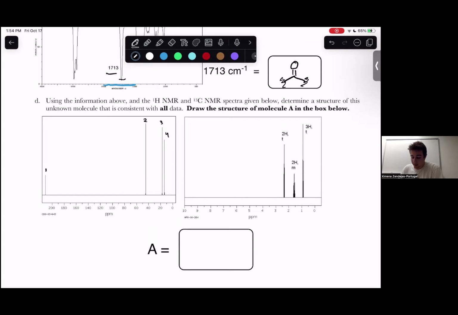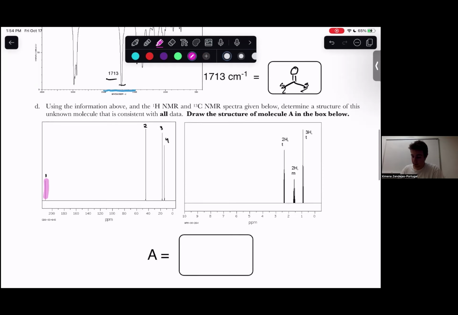Now we can look at the shielding and deshielding. And what first grabs my eye is this one all the way downfield past 200 ppm. And that must be the carbonyl carbon having its electron density pulled away the most because it's right next to that electron withdrawing oxygen.